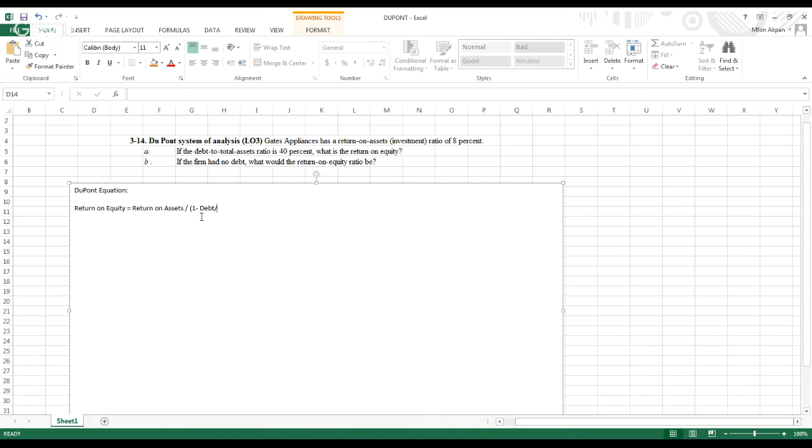So that's the financial leverage multiplier. Okay, so we've got that.